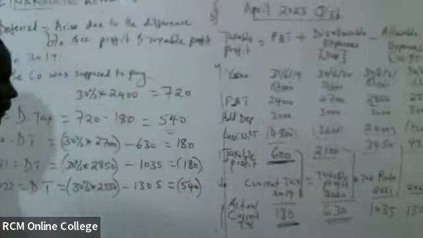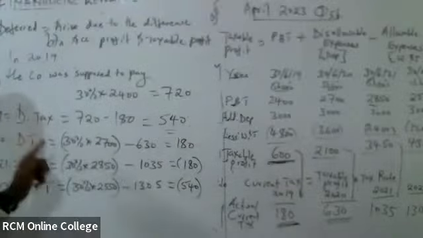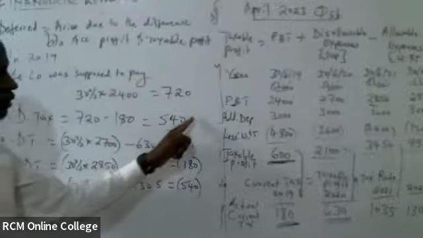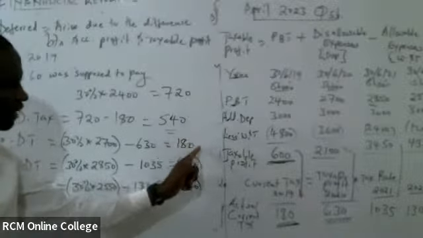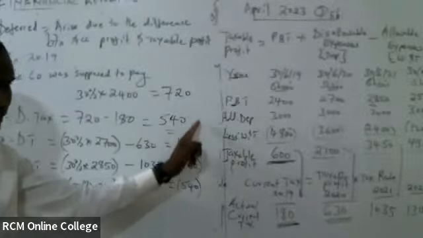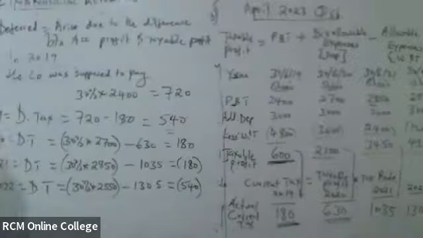Class, years 2019 to 2020, is this giving rise to deferred tax income or deferred tax expense? The ones with positive, does it indicate deferred tax income or deferred tax expense?